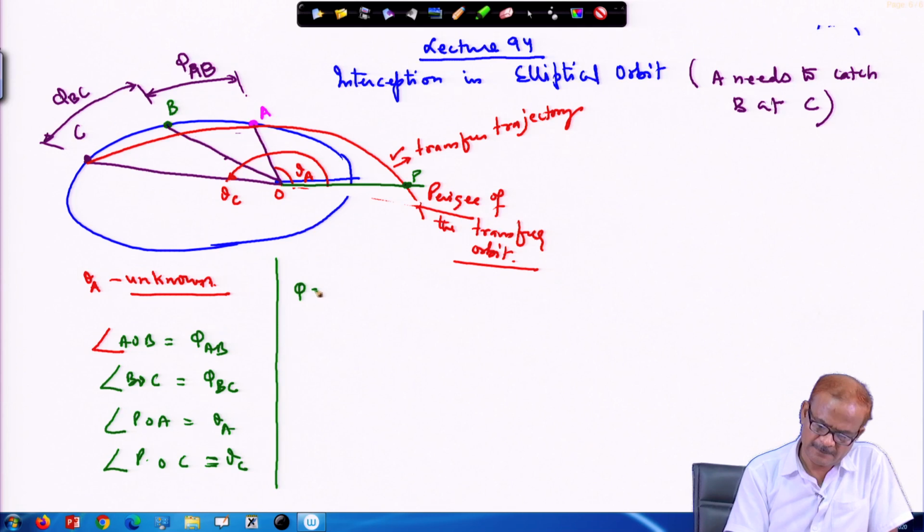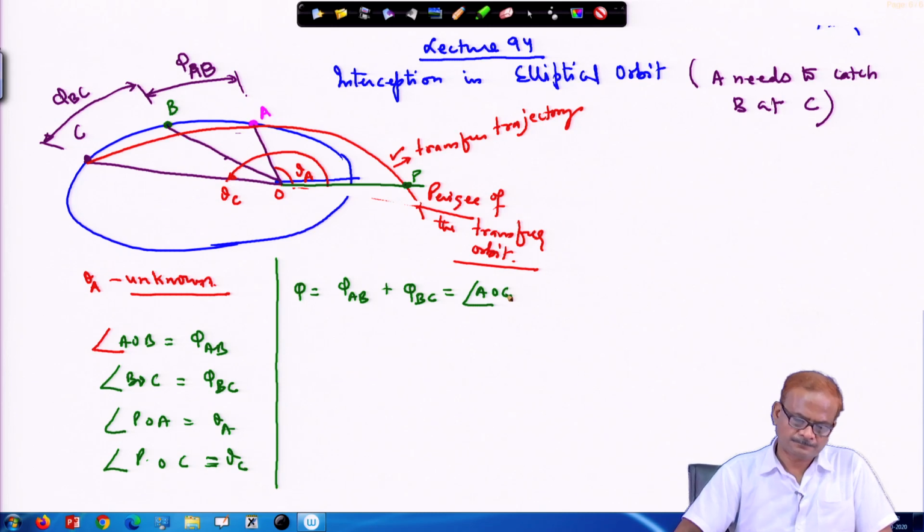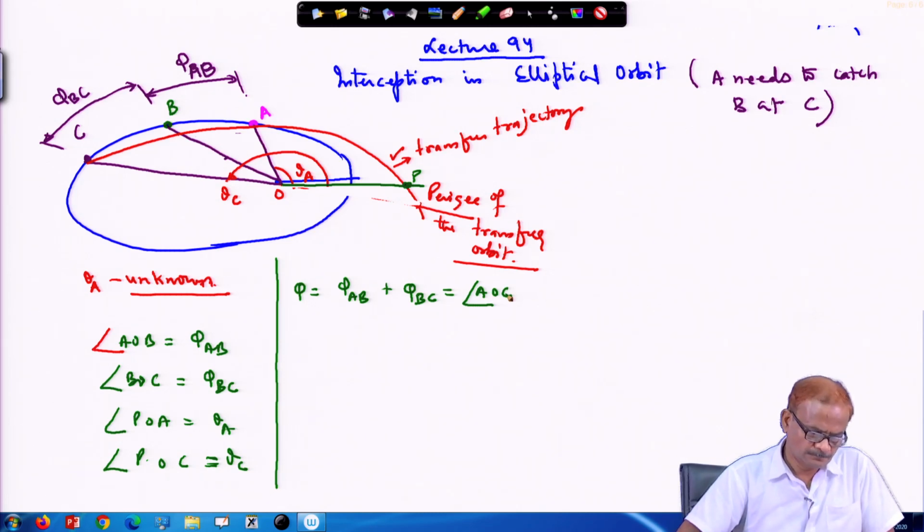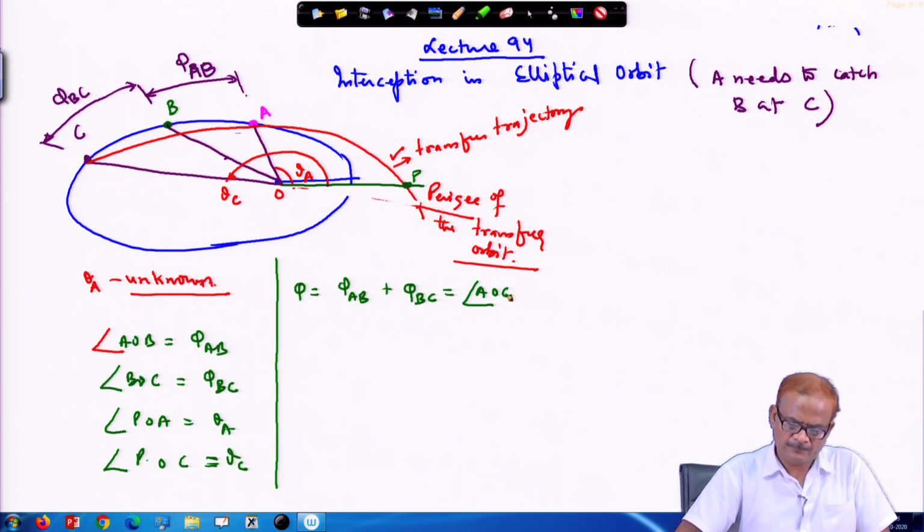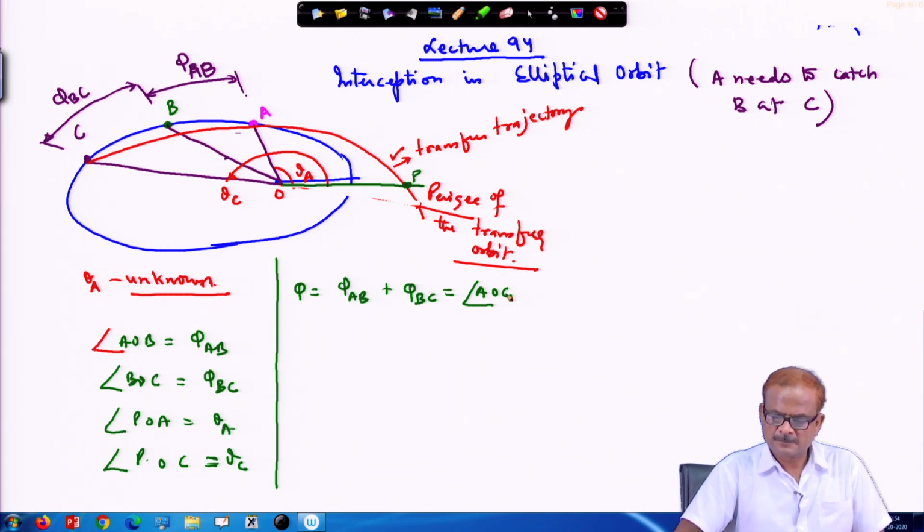We will write phi equal to phi AB plus phi BC, equal to angle AOC.